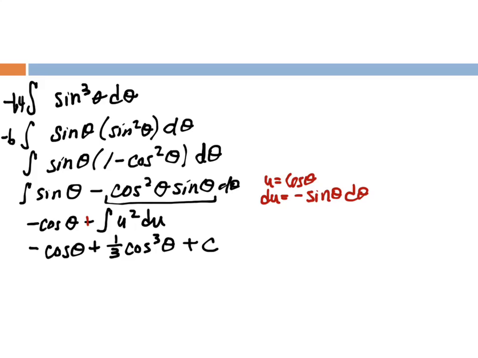If I just put it at the beginning, we wouldn't have lost it, would we? And I left off my limits of integration, so I don't actually need a plus c here on the end either. It was 0 to pi, so we'll do all the limits of integration in a moment. So all of this has 64 in here. So I have negative 64, and I have 64 over 3.